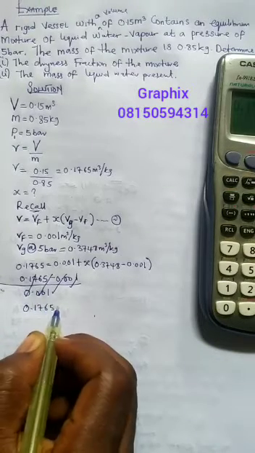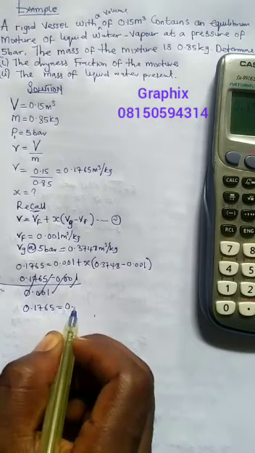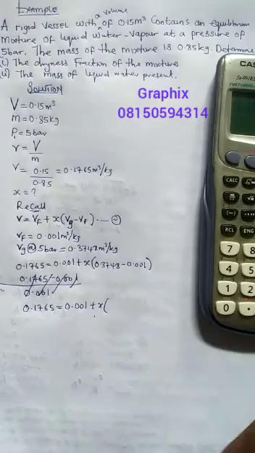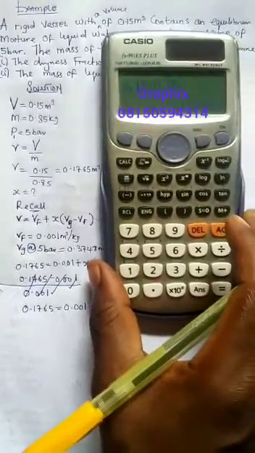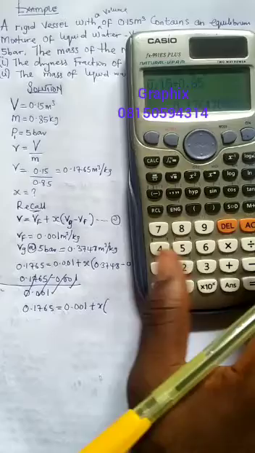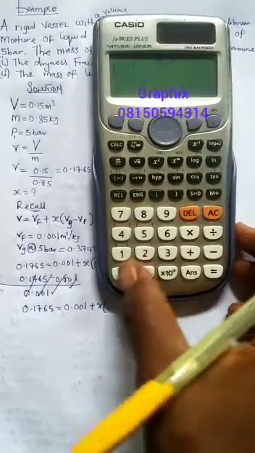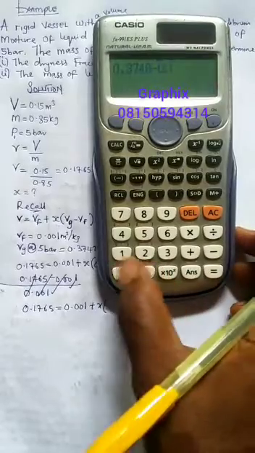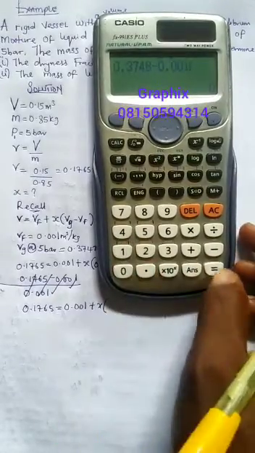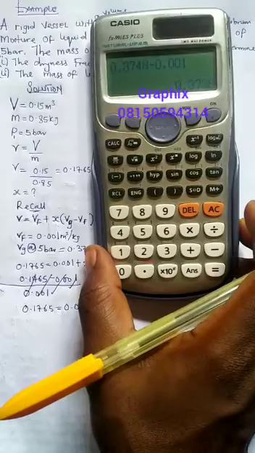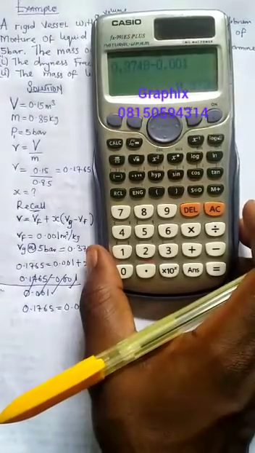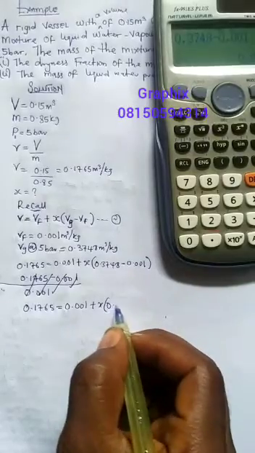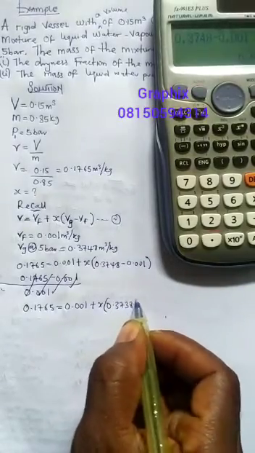So we have 0.1765 equals 0.001 plus x into 0.3748 minus 0.001, which is 0.3738.